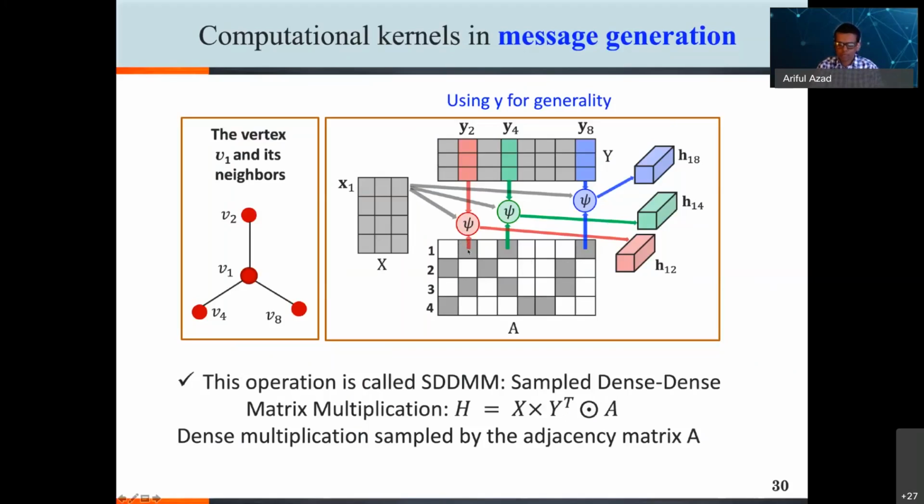This operation is called sampled dense matrix multiplication, and we can apply it to generate messages for every edge in the graph. The input of this operation is two dense matrices and a sparse matrix. The output is another sparse matrix, and the sparsity pattern of the output matrix is exactly the same as your input sparse matrix.